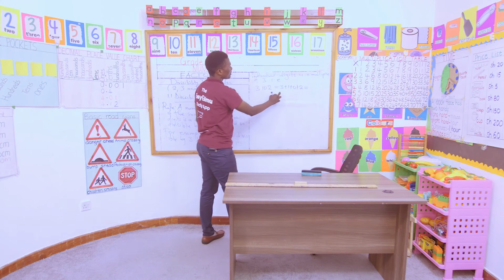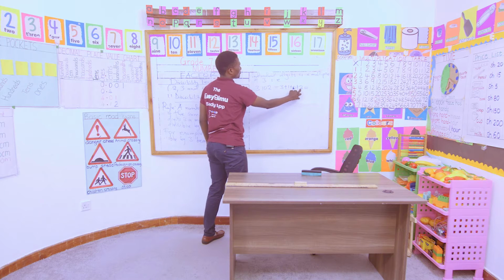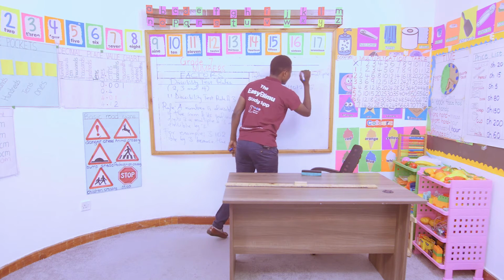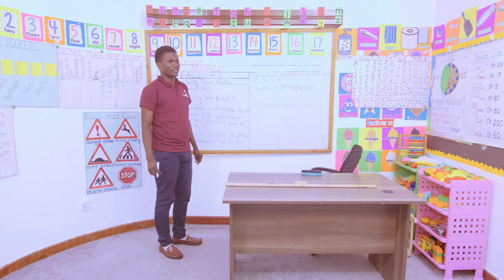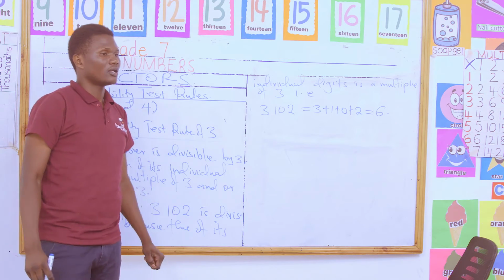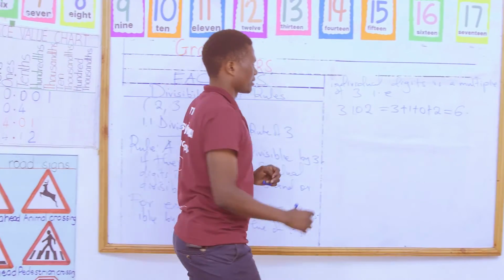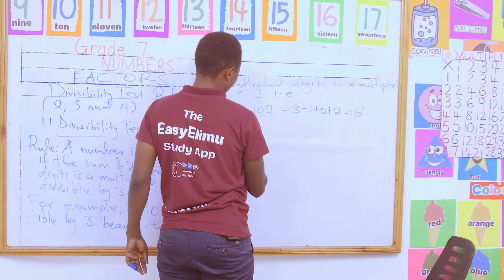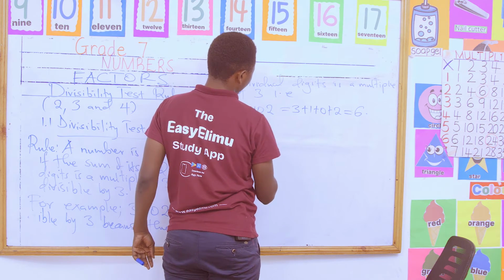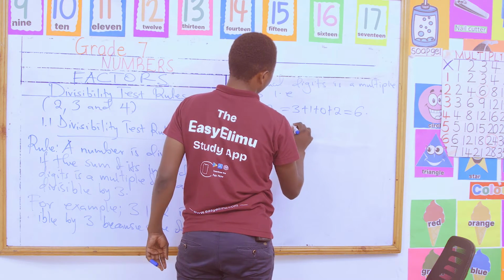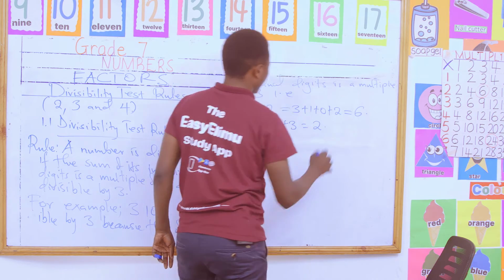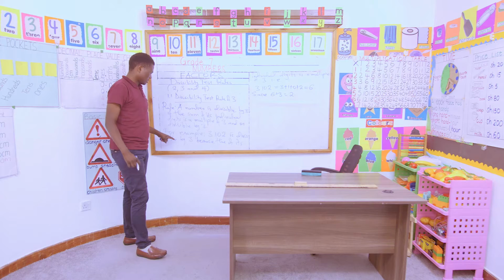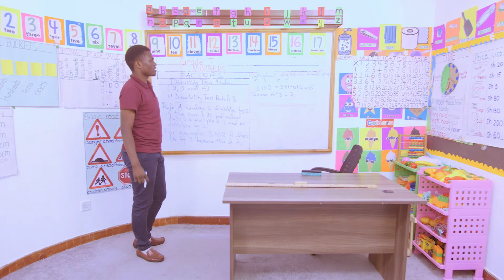What do you get? 3 plus 1, 4 plus 0, 4 plus 2, 6. 6 is a multiple of 3. Which multiple of 3? The second multiple of 3. And 6 is actually divisible by 3. So that is why we are saying that that particular number is divisible by 3.